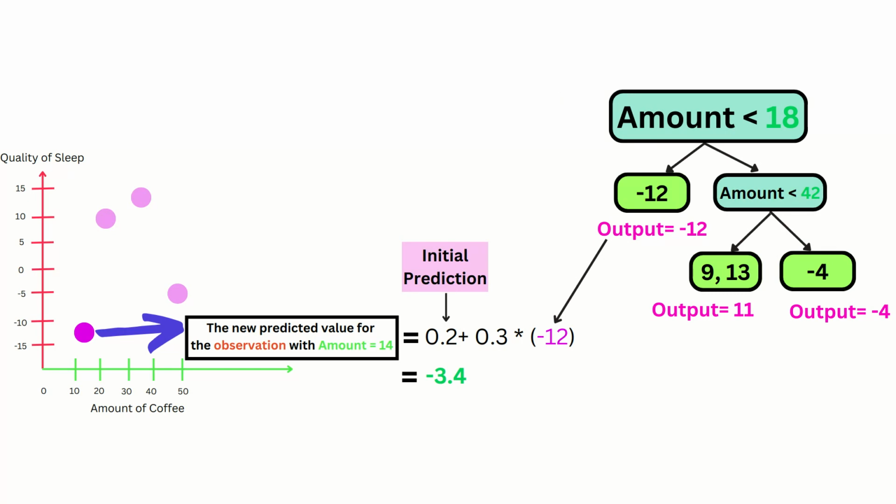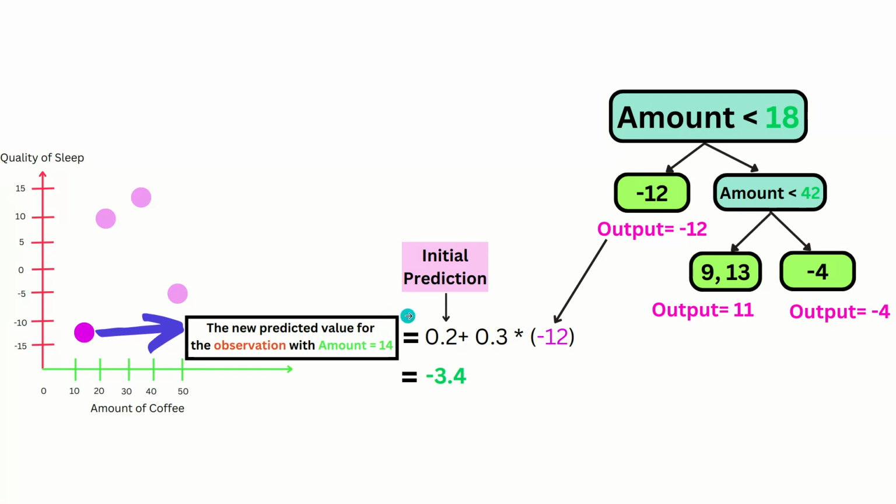For an example, when considering an observation with an amount 14, as we can see on the screen, the highlighted purple dot, it's with amount 14. We calculate a new predicted value by adding the initial prediction to the learning rate multiplied by output of tree.